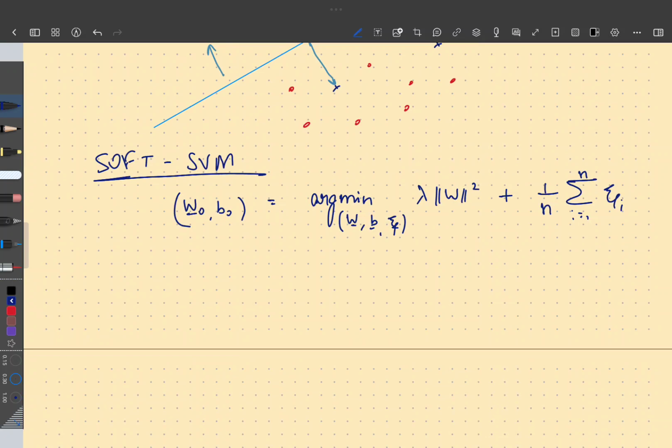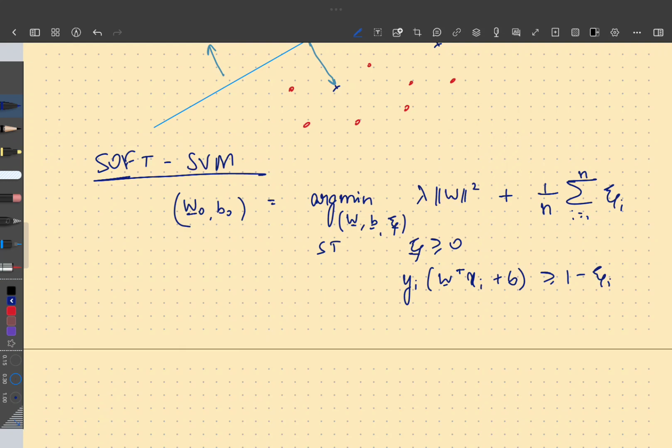Such that xi is component wise greater than or equal to 0, and yi times (W transpose xi plus b) is greater than or equal to 1 minus this quantity.